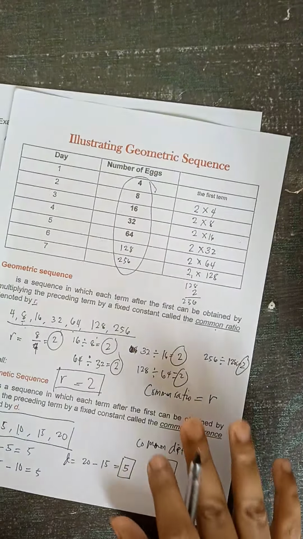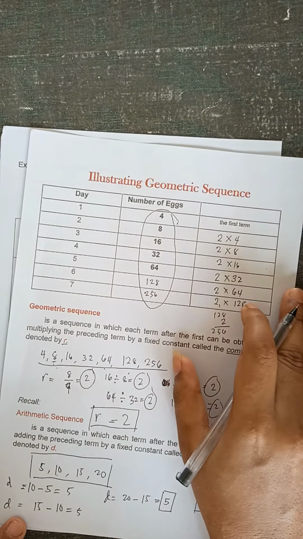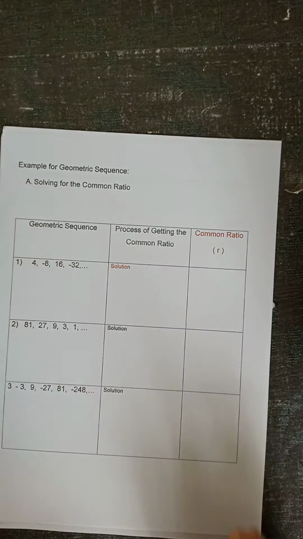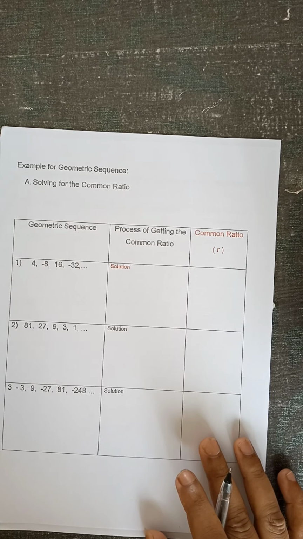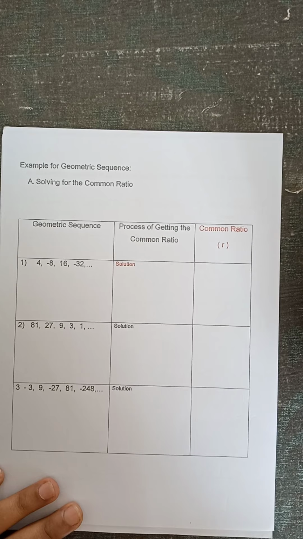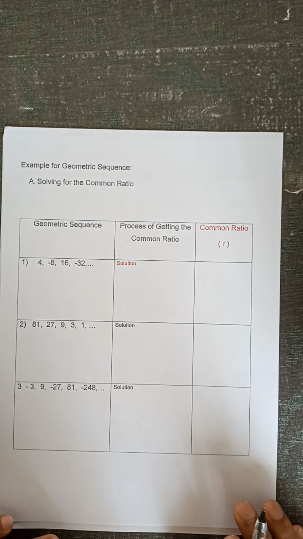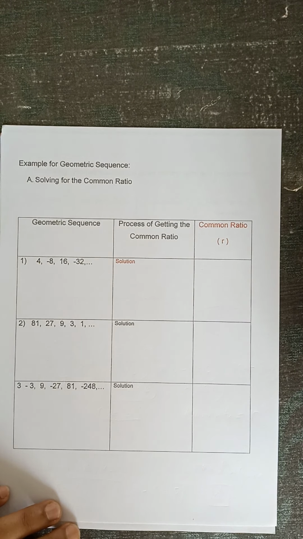Okay, so to understand further about illustrating geometric sequences, let us try to solve some example problems. Example for geometric sequence, A: solving for the common ratio. We have here a table with 3 examples.